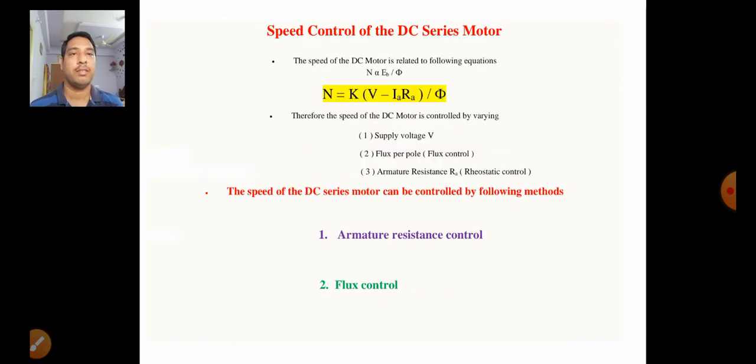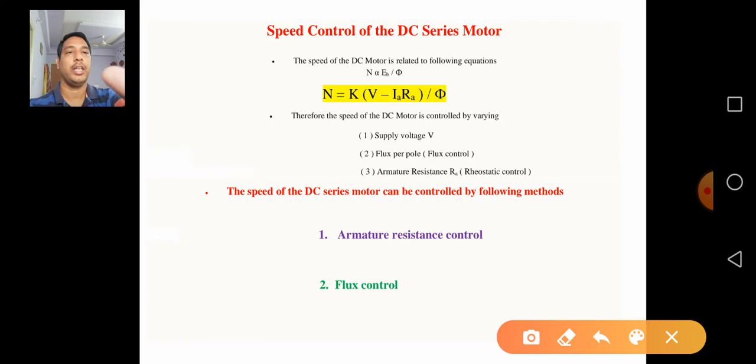So basically we know this equation. In the last two classes, while deriving the torque equation, we saw one of the important relations for the speed control of motors, which is N is proportional to EB by phi. This is one of the main equations we derived.